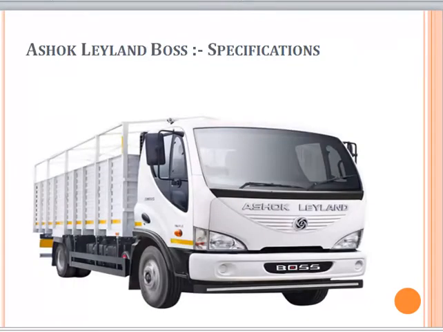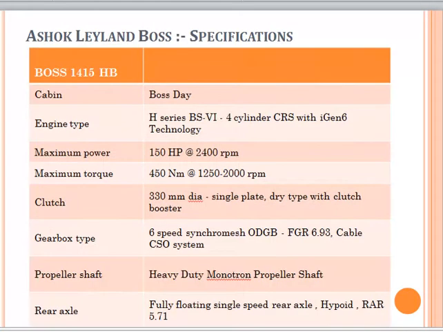Now let us see the specification of this Ashok Leyland truck, which is a commercial vehicle. In this Ashok Leyland Boss, the name of that vehicle is the Boss. So it is 1415. 14 means what? 14 tonner. This is a 14 tonner vehicle.